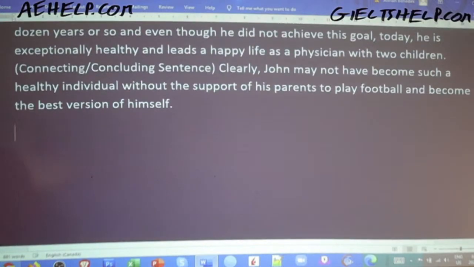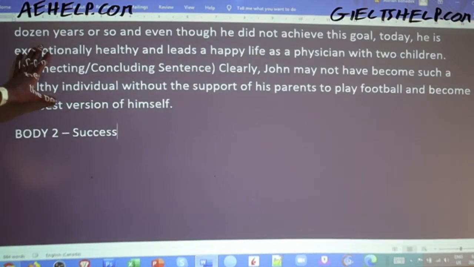Okay. So body paragraph 2 follows the same concept. It's going to be a paragraph on success. Again, make sure it's different than your first body paragraph.